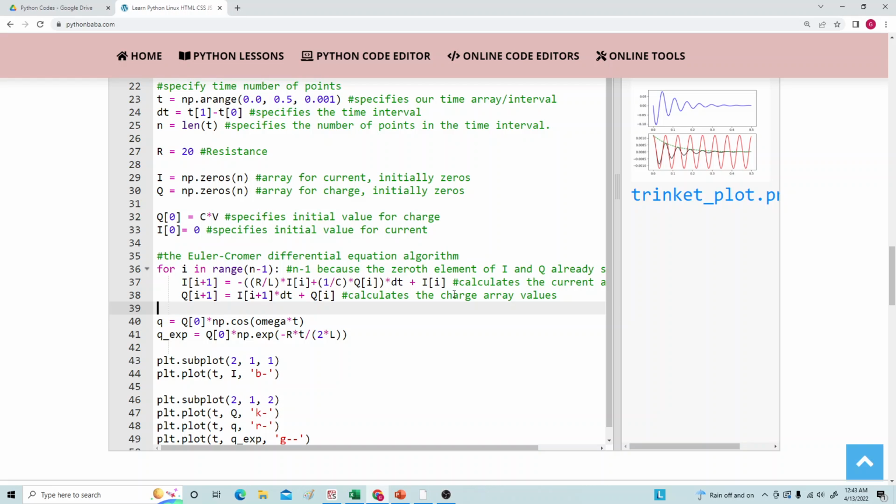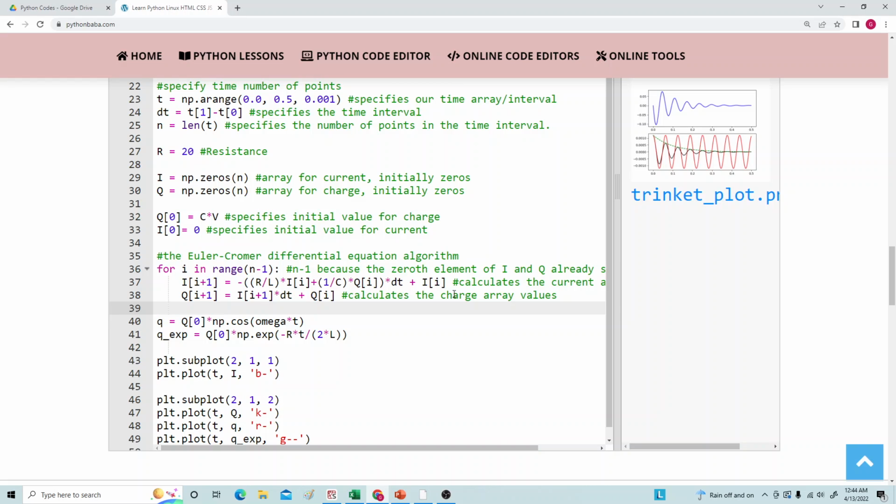Whereas with the Euler-Cromer method, this is a relatively easy code to parse, relatively easy code to digest, relatively easy code to look at, and therefore it is preferable in many ways, especially when starting out.